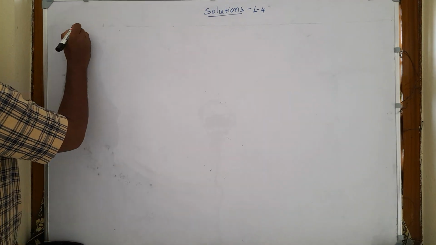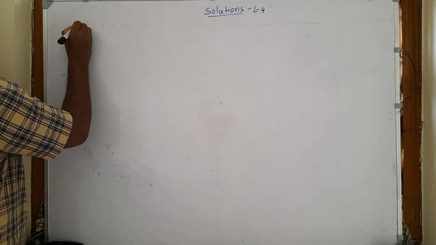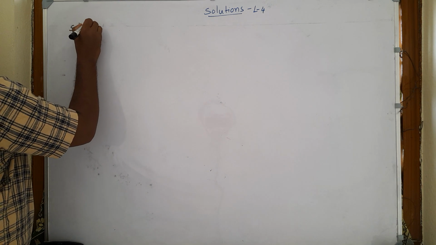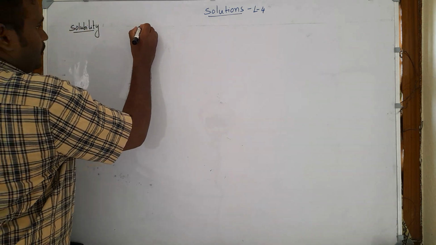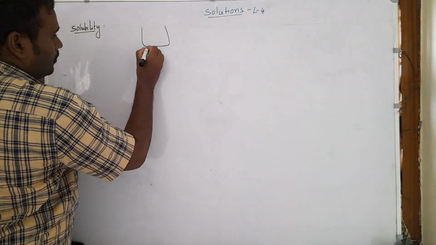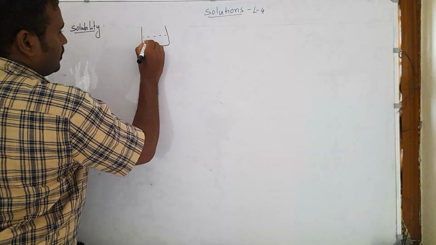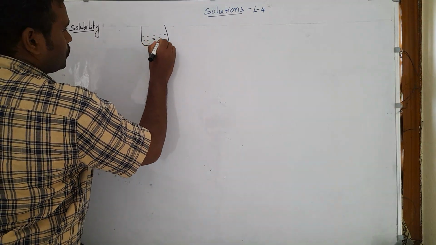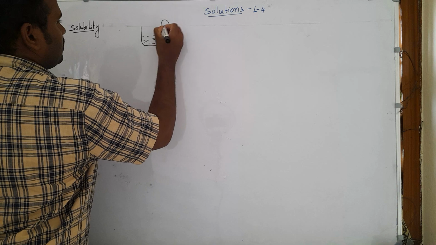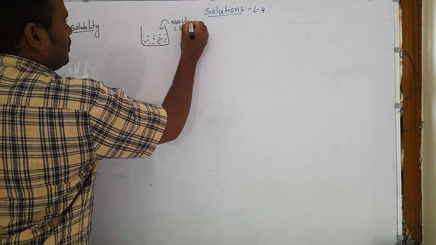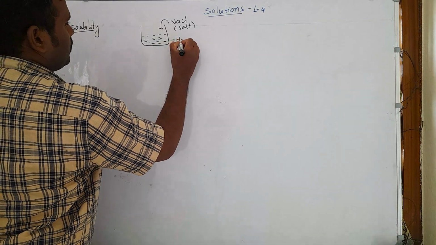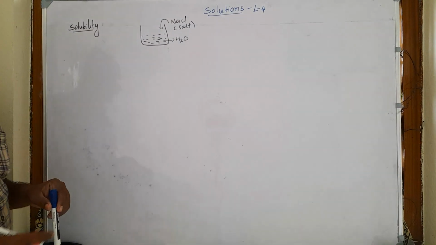So, first of all, solubility. For example, when you add some amount of sugar or salt, NaCl, in water, H2O, the salt dissolves in it.